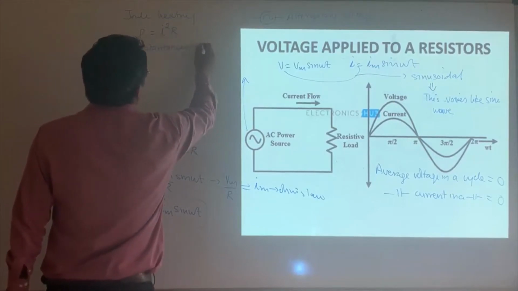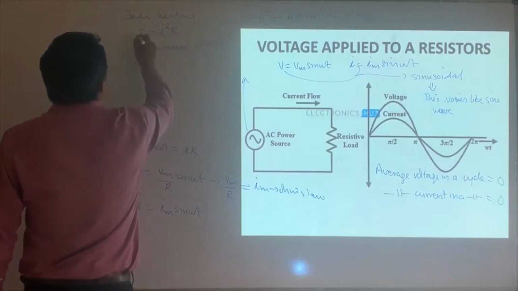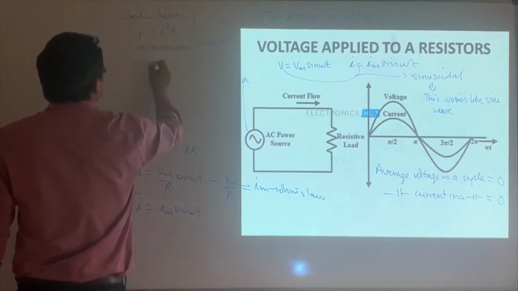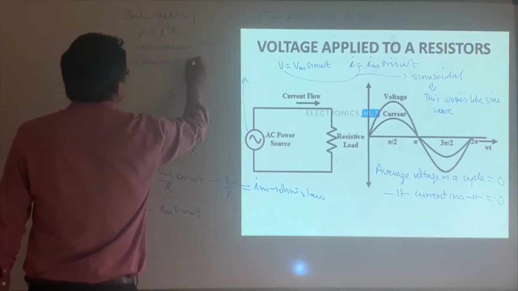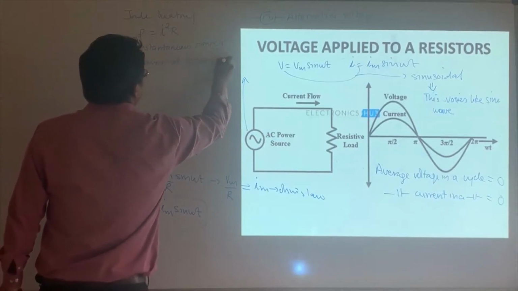The definition of instantaneous power is power at a given time t.